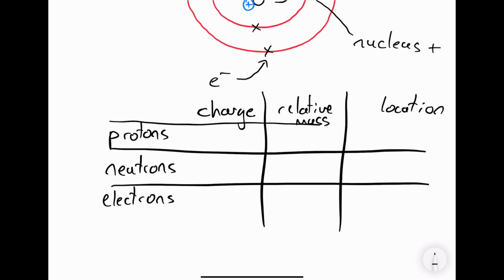So protons have a charge of +1. Neutrons have a charge of neutral, or you can write this as 0, and electrons have a charge of -1.